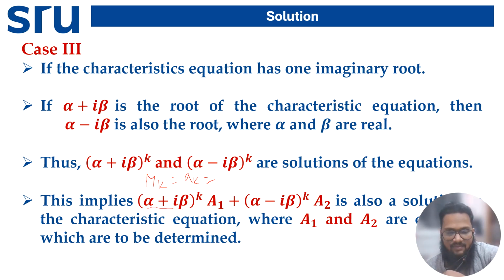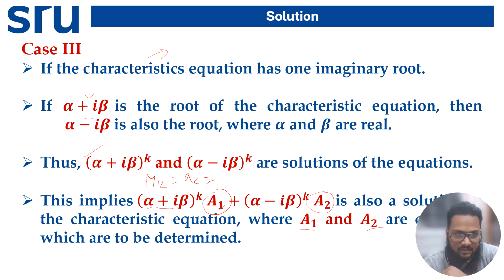The first root alpha plus i beta power k into a constant a1 or c1 you can write. Then the second complex root alpha minus i beta power k into the second constant a2, where please remember a1, a2 are all constants. Clear? And the roots of the characteristic equation you are getting, suppose it's a 2 degree, so one root is alpha plus i beta, one is alpha minus i beta. This is a 2 degree characteristic equation, suppose, then it will follow this one.